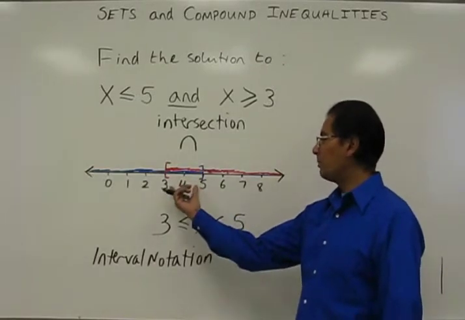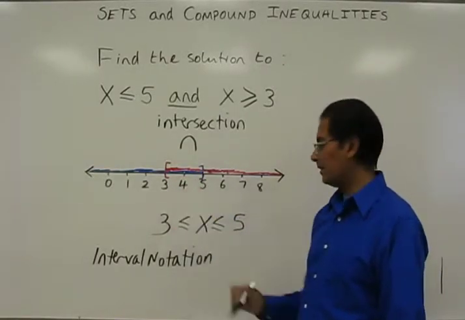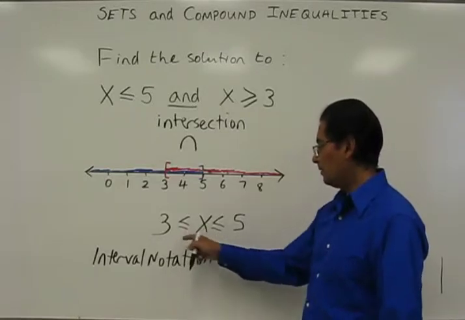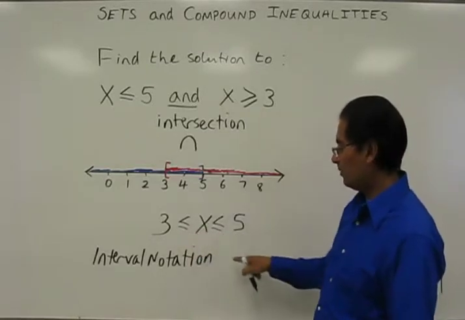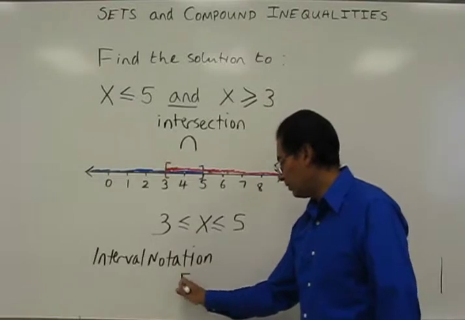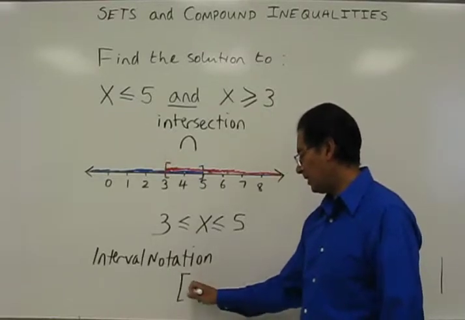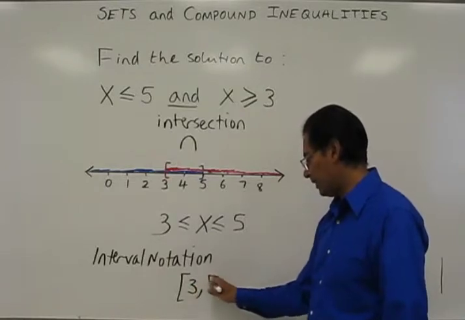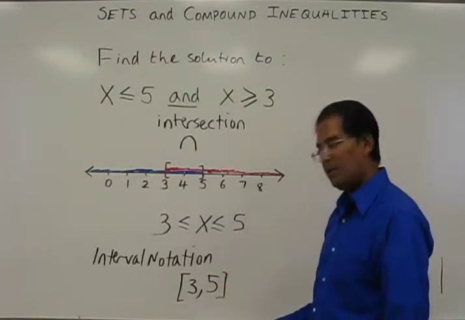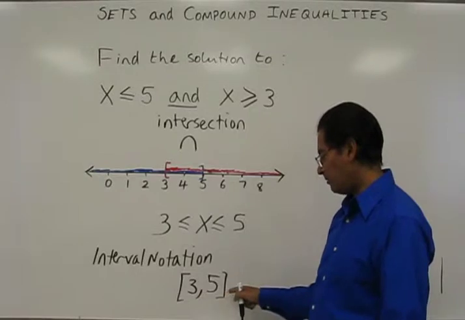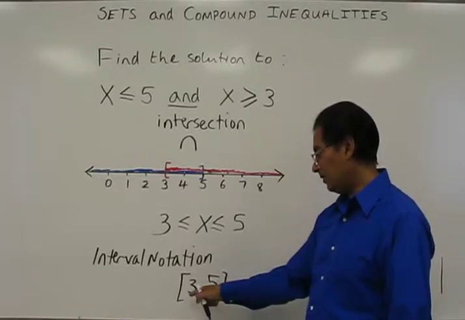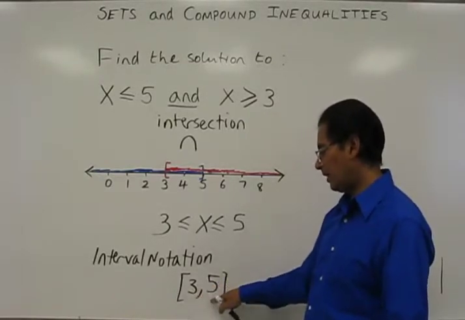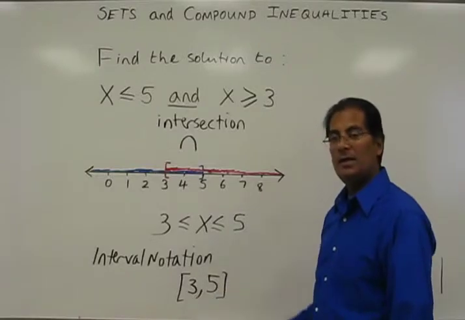Just like I use these two brackets, we can designate this set between 3 and 5 using brackets. So we would say the set of numbers including 3 and from 3 to 5. So bracket 3 comma 5 bracket, close brackets, means all the numbers between 3 and 5 including 3 and including 5.